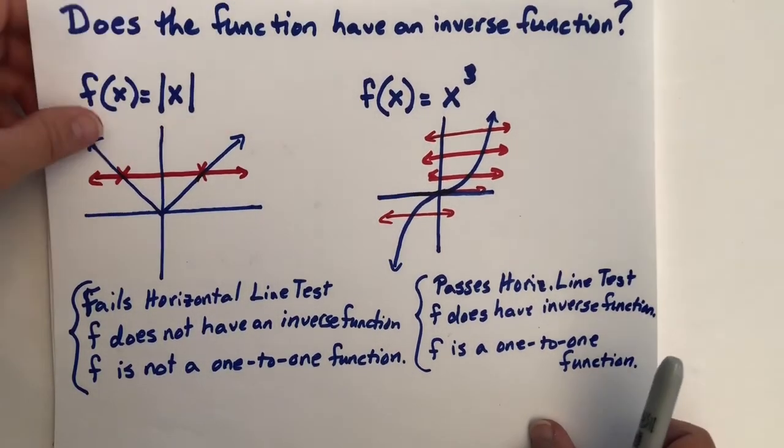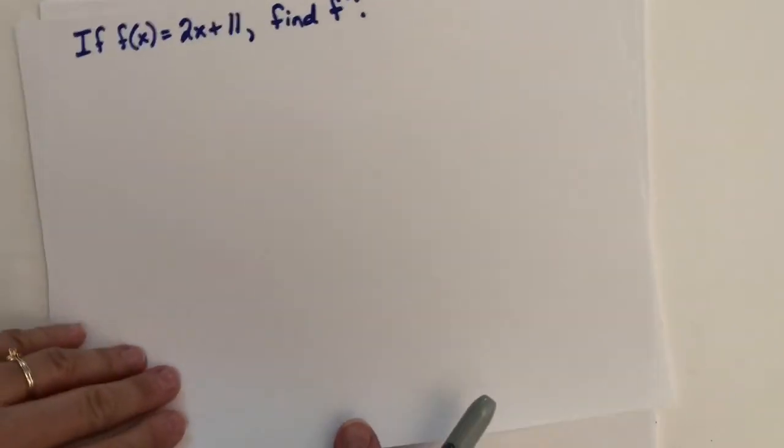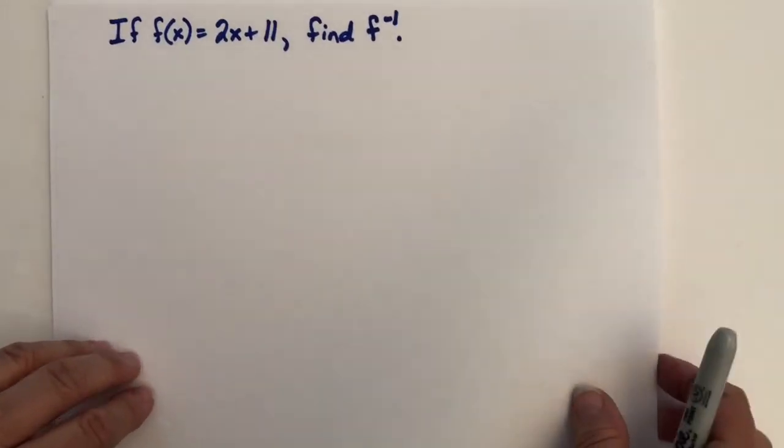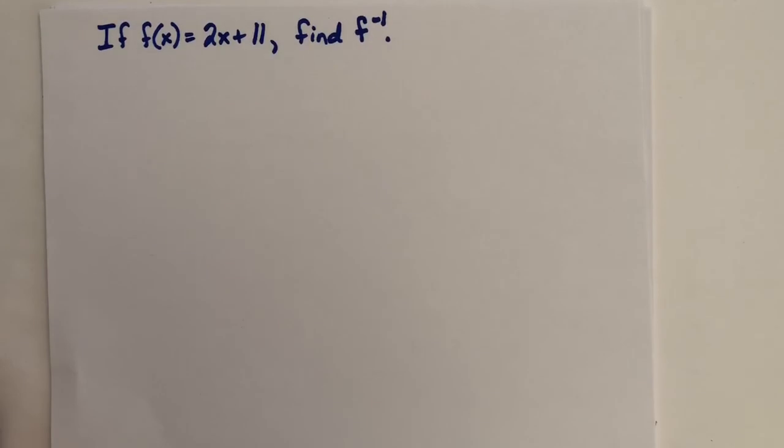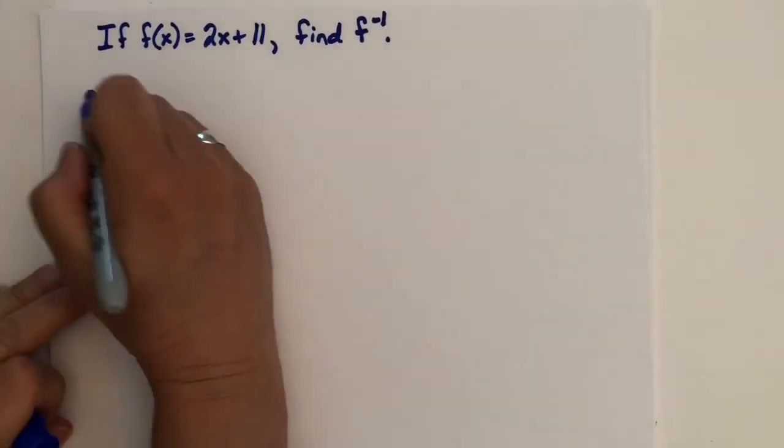Let's move on. We already saw that we could find the inverse function if we had a graph. Suppose now that we have an equation like this, f of x equals 2x plus 11. Sometimes people just guess and say, well, I can guess what the inverse would be. So let's try that strategy.